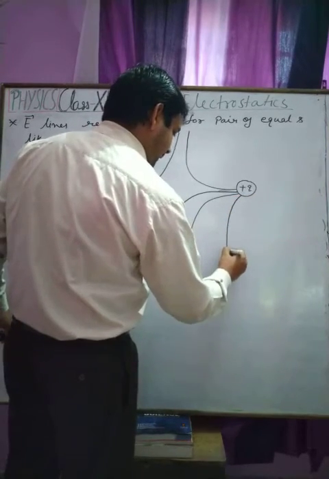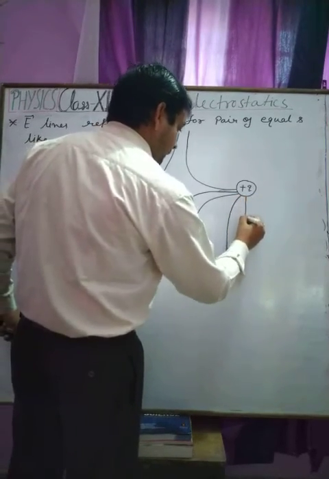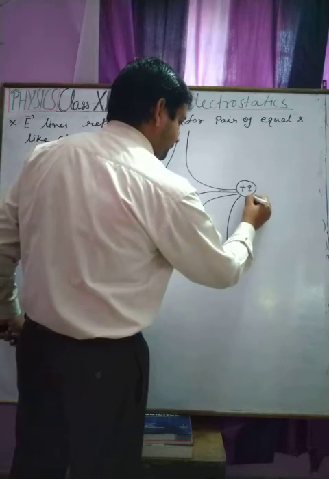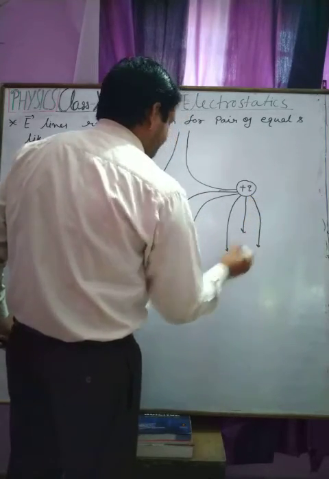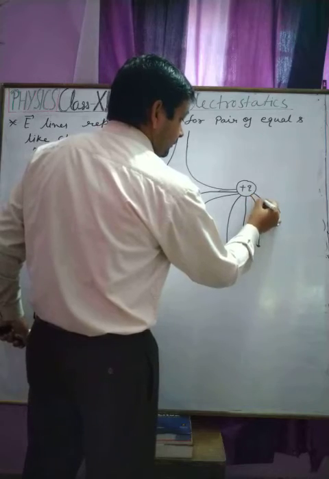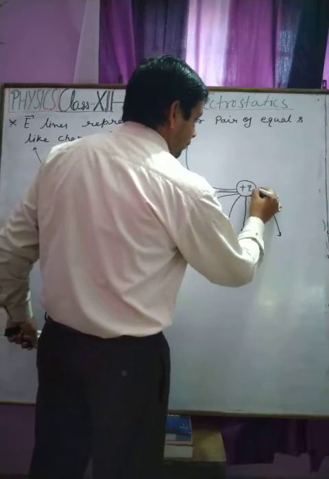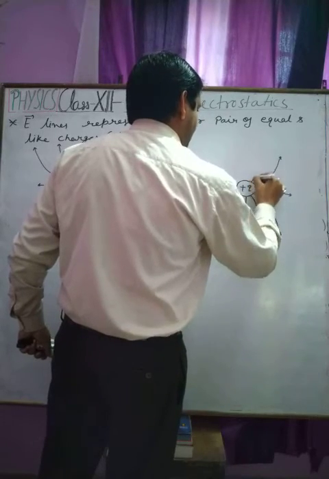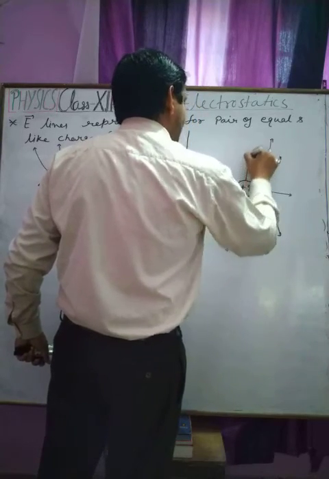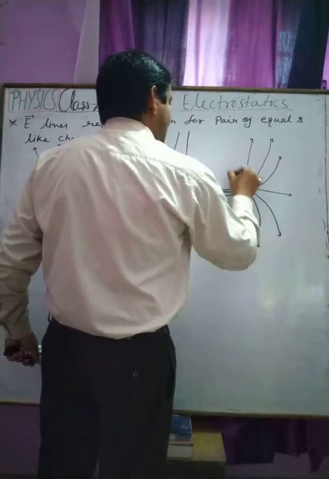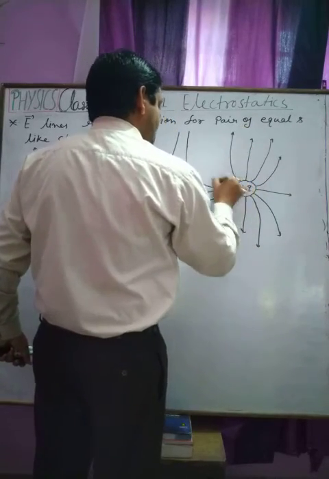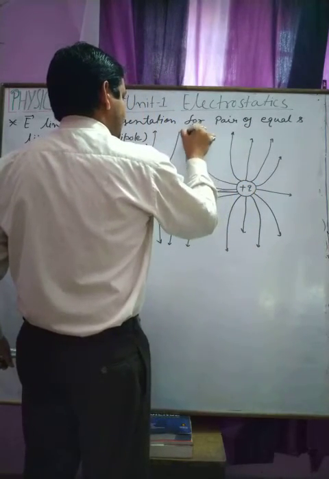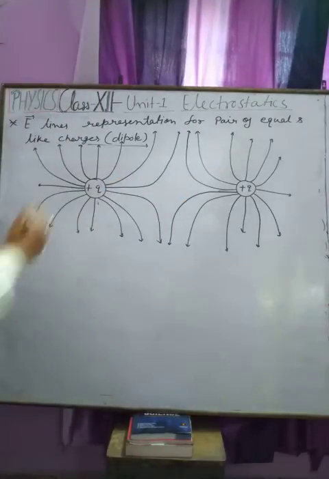So we observe here the field lines representing like charges are like this.